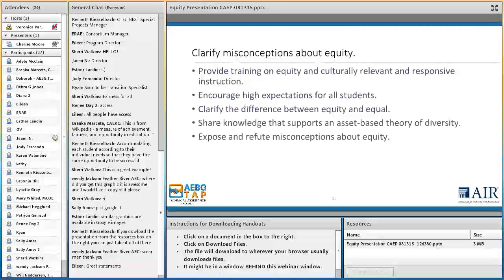And then clarifying misconceptions about equity. Training is one way to do this, and often we might do trainings on embracing diversity, or implicit bias training.